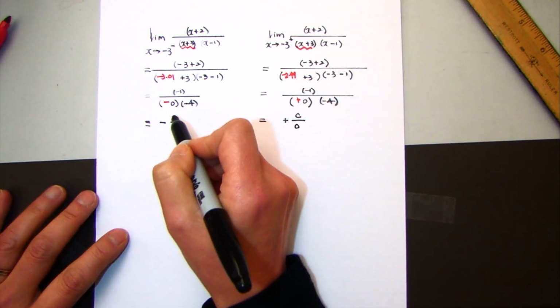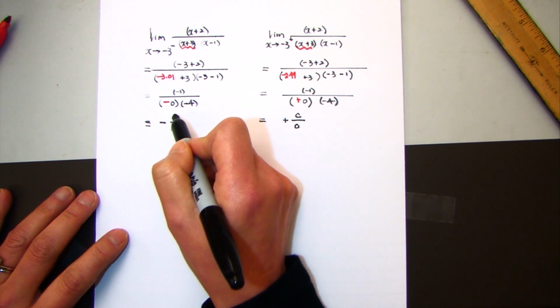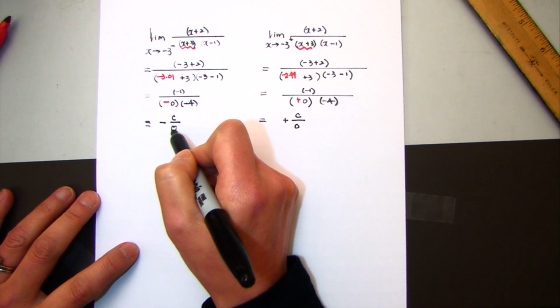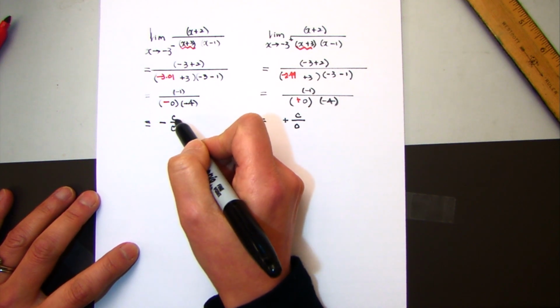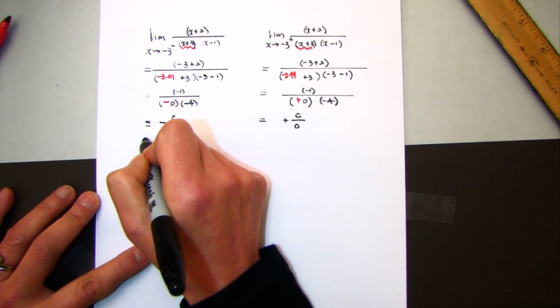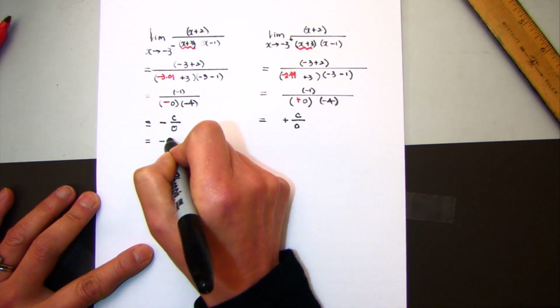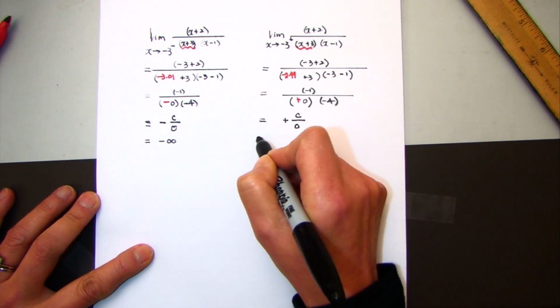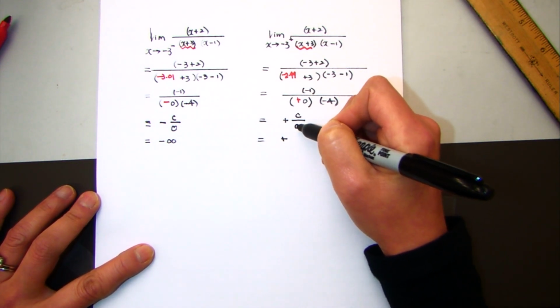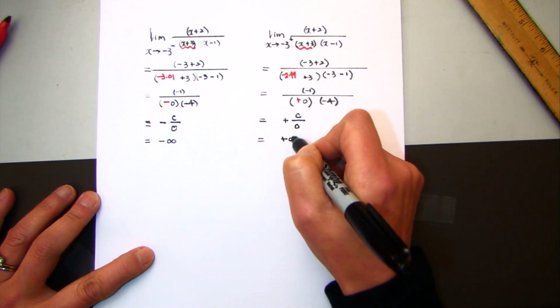Again, constant divided by a tiny, tiny number, a big number. Constant divided by a tiny, tiny, tiny number, a big number, but it's negative. Write the positive down. Last time, constant divided by a tiny number, a big number.